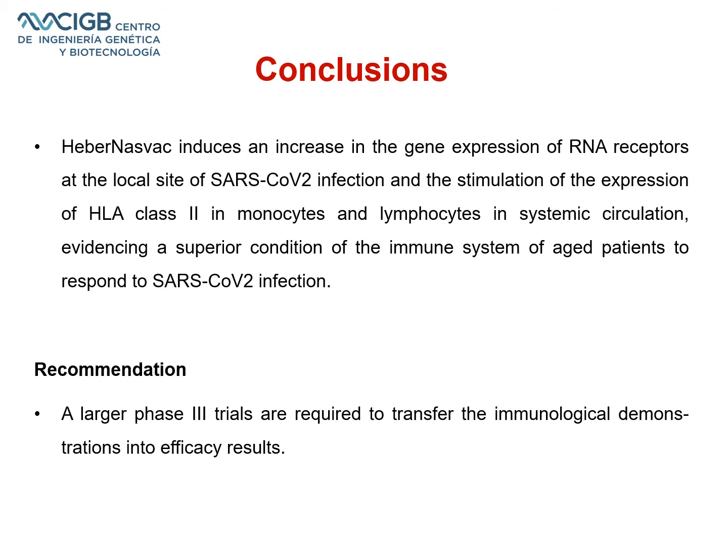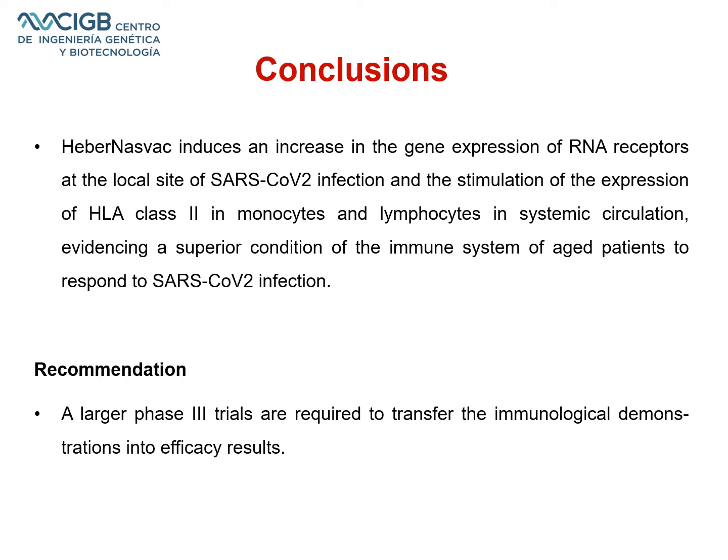So as a conclusion of this part, the HeberNasvac candidate induces an increase in the gene expression of RNA receptors at the local site of SARS coronavirus 2 infection and the stimulation of expression of HLA class 2 in monocytes and lymphocytes in peripheral circulation, evidencing a superior condition of the immune system of aged patients to respond to coronavirus infection.